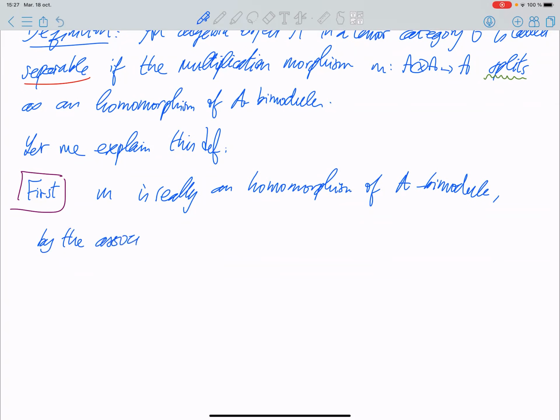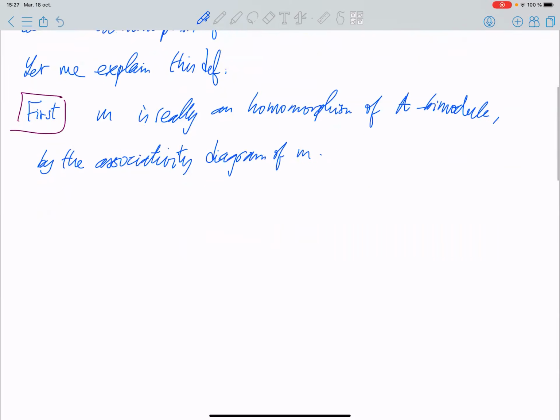By the associativity diagram of M, you need to be a homomorphism of right A module and of left A module. Let me mention just the right case, and the left case will be the same. That reduces to the associativity of M itself.